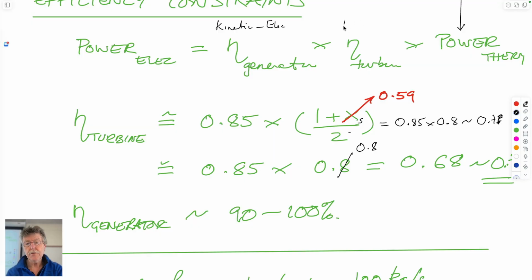This is thermal to kinetic, the rotation of the spindle. And this probably isn't right. This is 0.99. Yeah, fine.